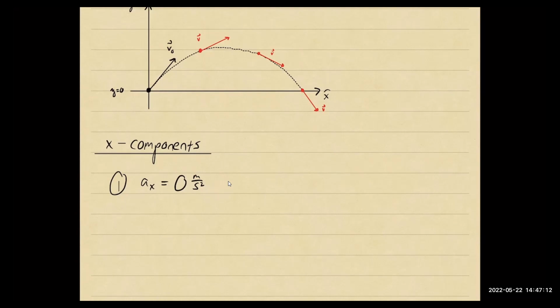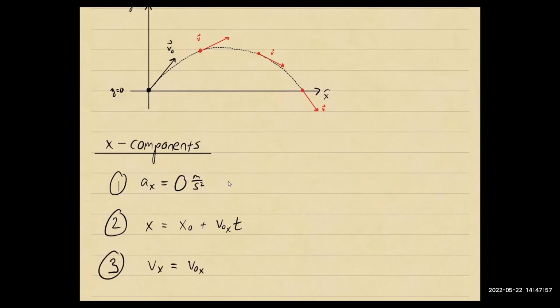Second up in the x direction, we see that our final position in the x direction is equal to our initial position, x naught, plus the x component of our initial velocity vector times time. This is the x component from those constant velocity equations that we saw earlier. And last but not least, for the x component stuff, our final velocity in the x direction is equal to our initial velocity's x component.